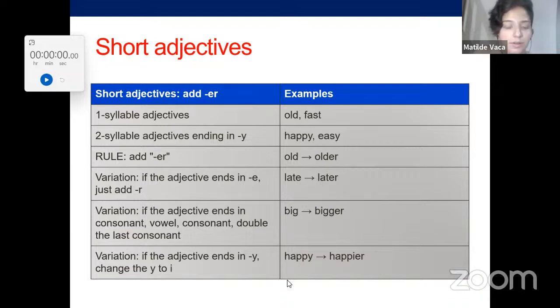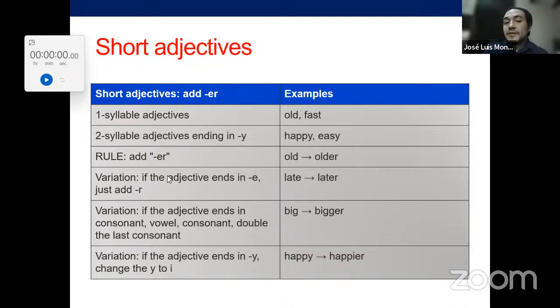Old, older. Variation: if the adjective ends in E, just add R. Late, later. Variation: if the adjective ends in consonant, vowel, consonant, double the last consonant. Big, bigger. Variation: if the adjective ends in Y, change the Y to I. Happy, happier.